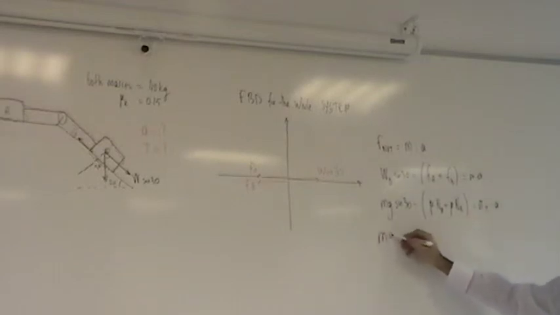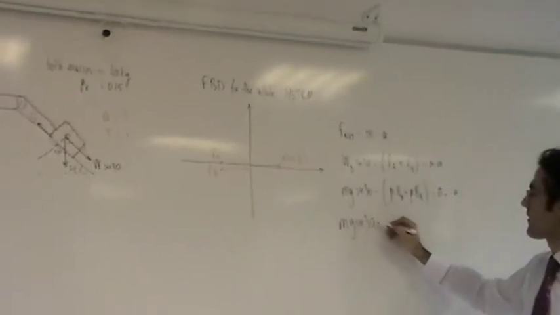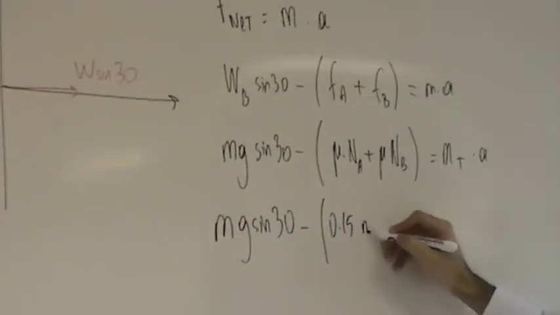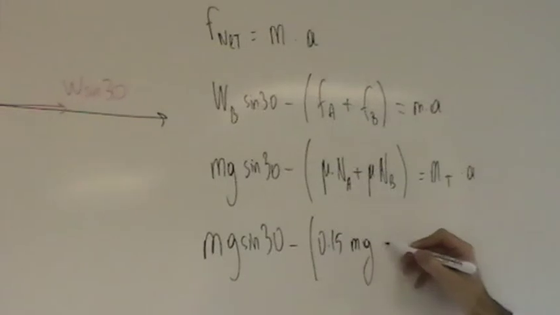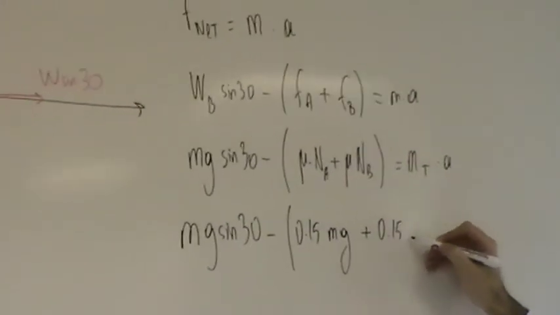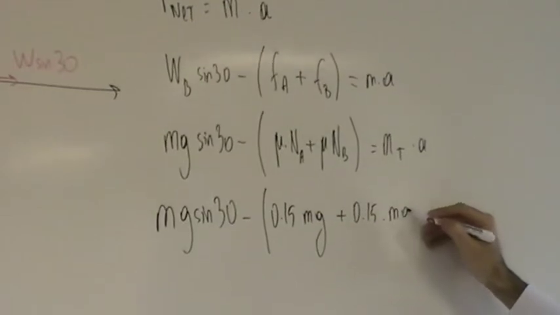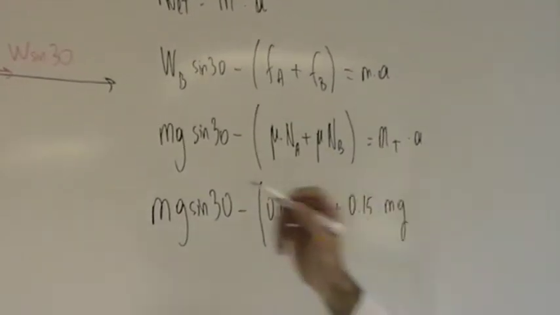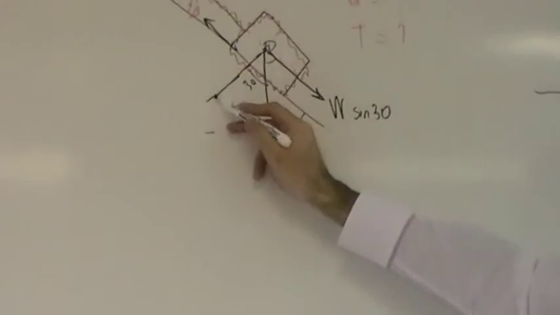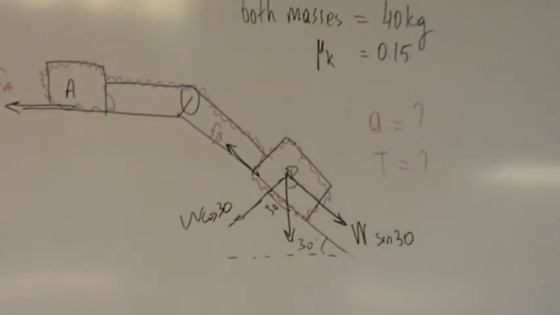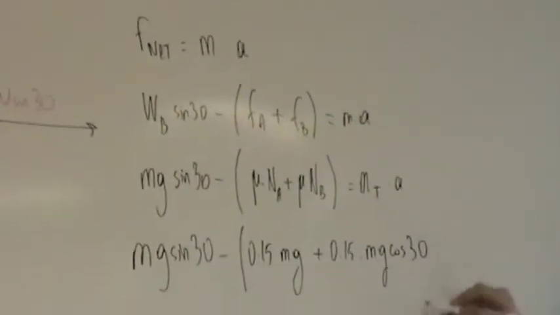I carry on: mg sine 30 minus, mu is 0.15, normal force on A is mg, minus 0.15 times the normal force on B. Remember we did it last time: it is W cosine of this angle, which is W cosine 30, so that is mg cosine of 30.